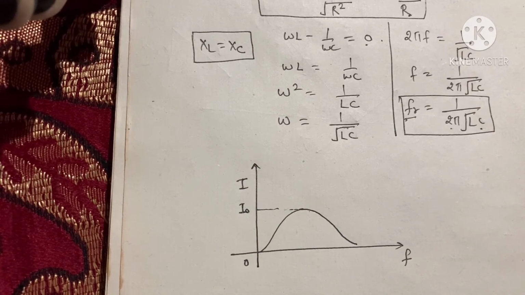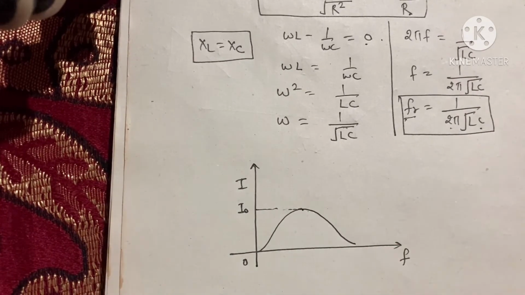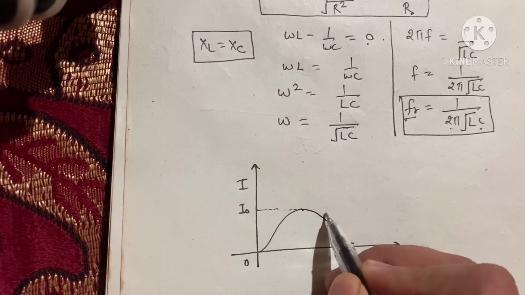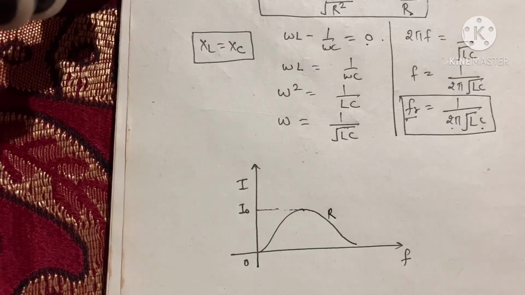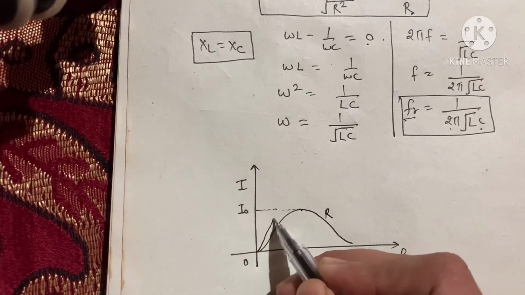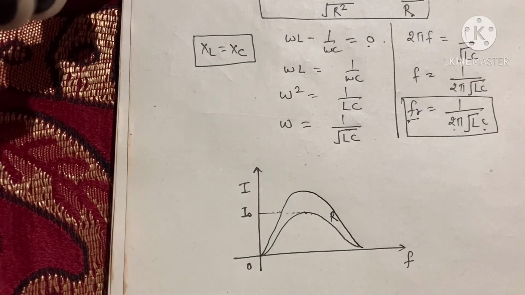But the sharpness of this peak depends on resistance. Suppose this is for some value of R. Now if you decrease R, I will get a curve like this.